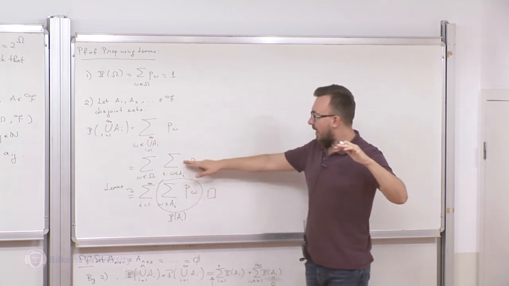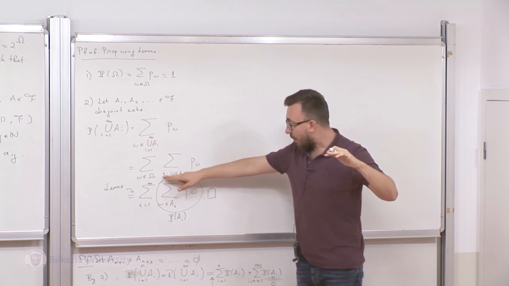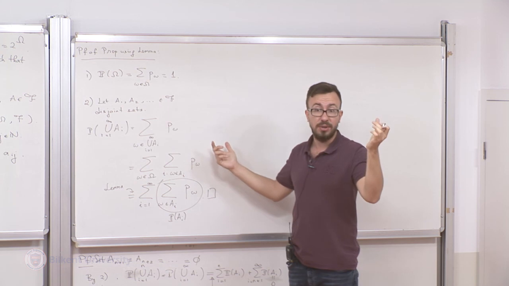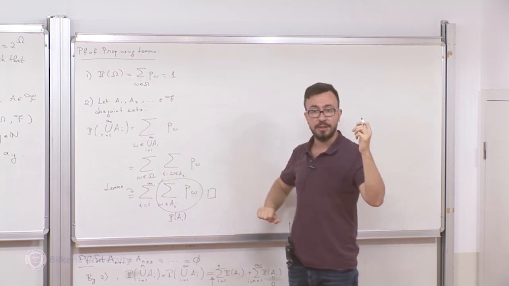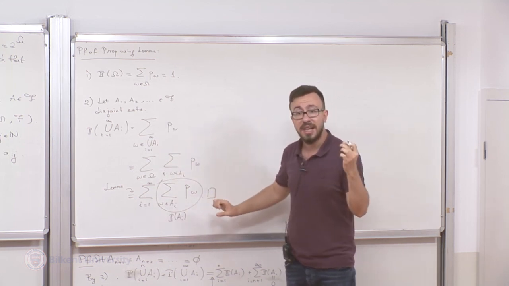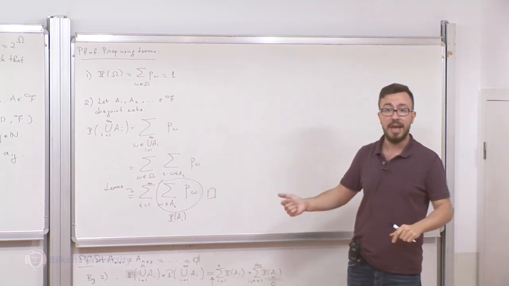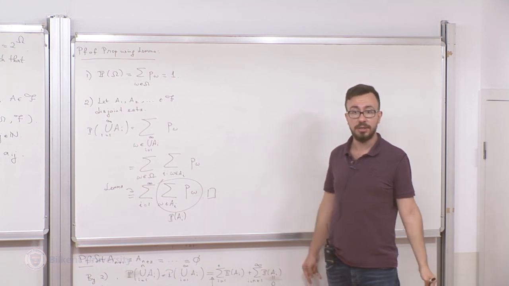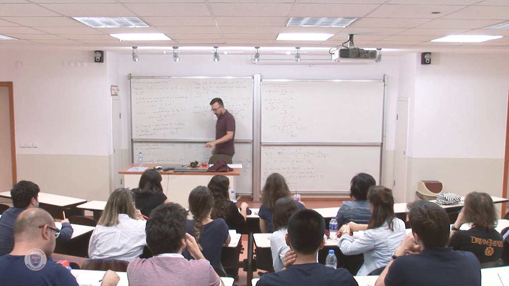And here you just have i for which omega is in A_i. So it's just indeed a finite sum, or just one element appears. It's not even a summation. The thing is that we have to write it as a summation because we don't know for which i this is going to happen. So let's enumerate all i's and see it as a summation. And once you do the switch, I think you are done.